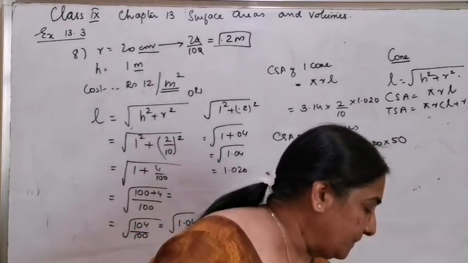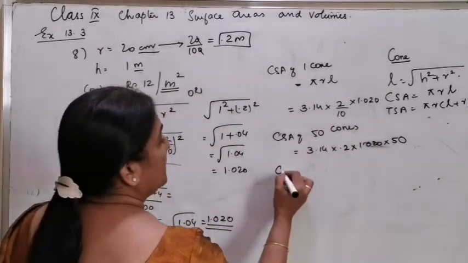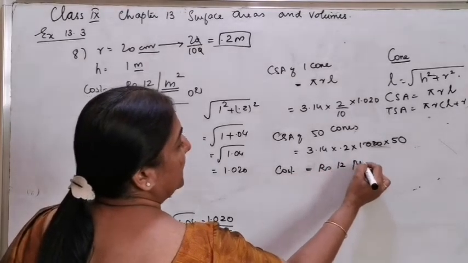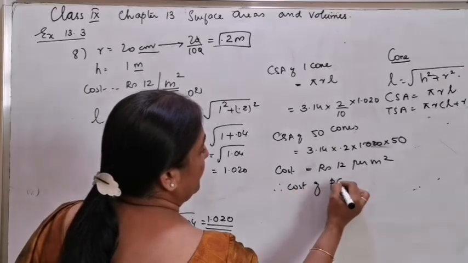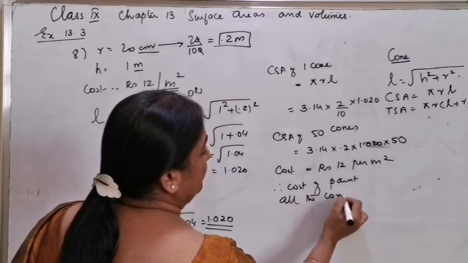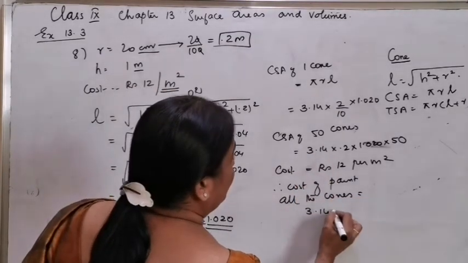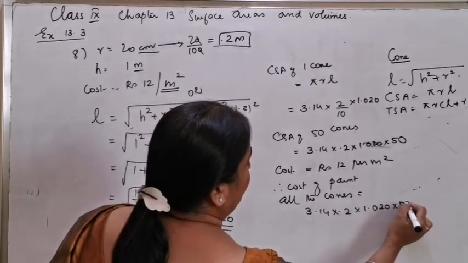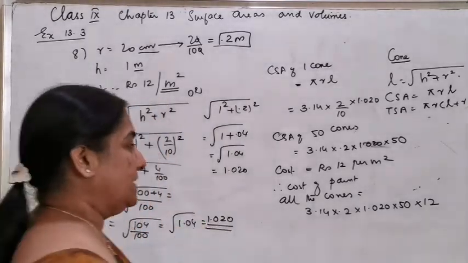The cost is rupees 12 per meter square. Therefore, cost of painting all the cones is equal to 3.14 into 0.2 into 1.020 into 50 into 12. You can calculate it together.